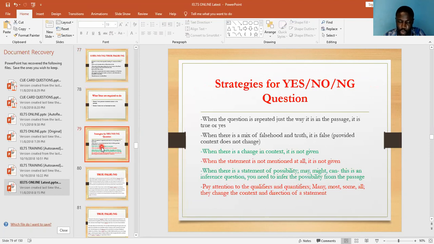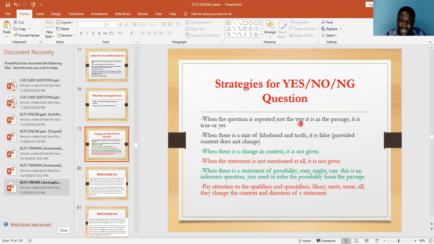The action carried out in the passage was swim. Now the new action is bath. When the statement is not mentioned at all, it is not given. Please, you can write this down because we will practice now. I will go into sample practice.